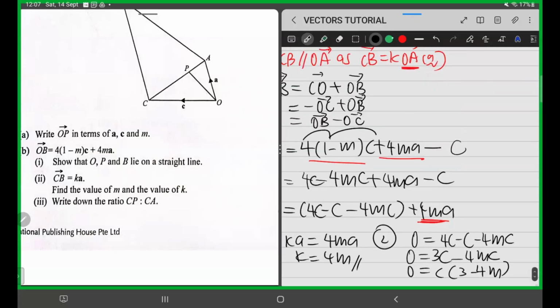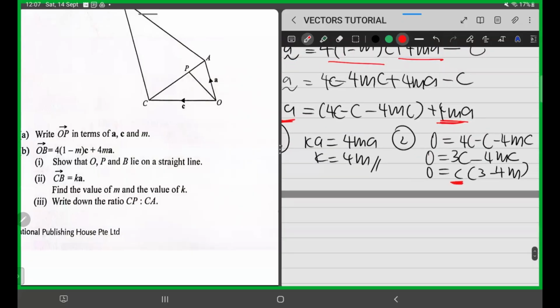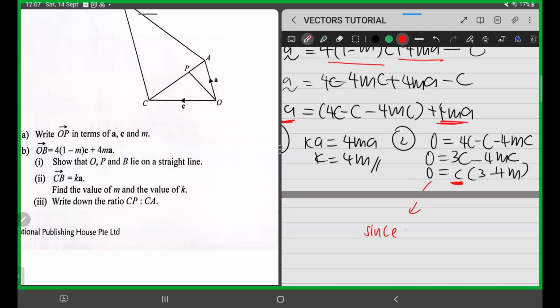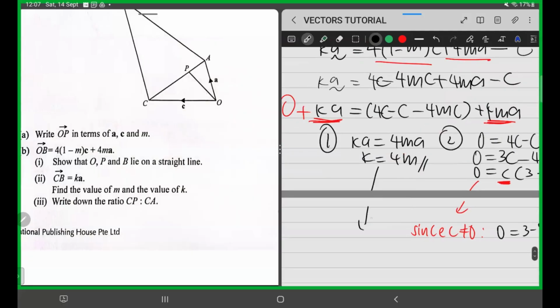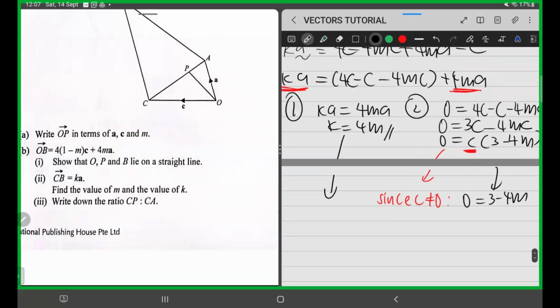But we know that c is not 0. C cannot be 0 because it's a vector. Hence, since c cannot be 0, we derive that 0 equals to 3 minus 4m. Therefore, you solve for it over here. You bring this down over here, and then you bring this down over here.